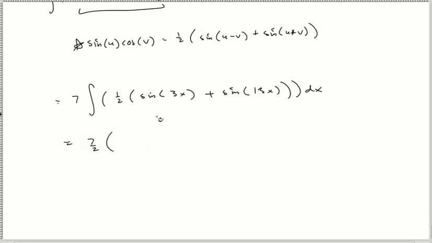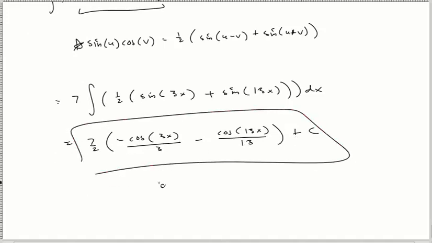And so my integral of each is going to be a negative cosine of the 3x. Again, remember to divide by the 3. Here again, I'll go to a cosine of the 13x, divide by that 13. And then plus c. Is that it? Yes. You're done. Just type that in. You don't have to simplify. It's fine. Cool. Next one.